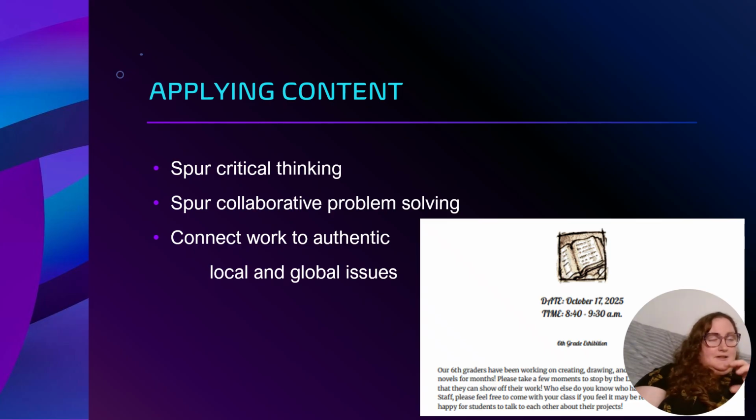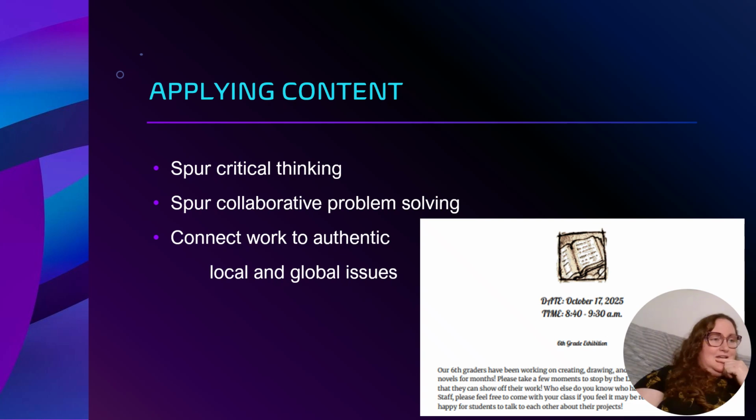The class, again, an AP class, was studying a graphic novel, American Born Chinese, and then they got to create their own graphic novels through the process of reading American Born Chinese and observing what they needed to do, what it should look like, the conventions of the genre, all of that kind of stuff.